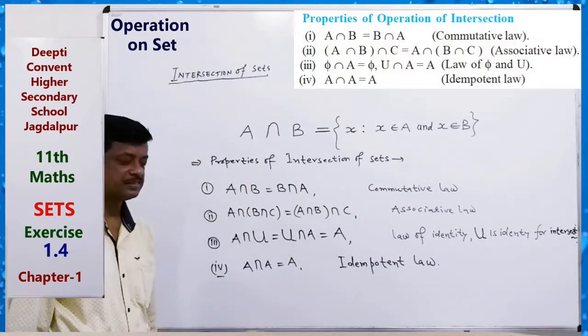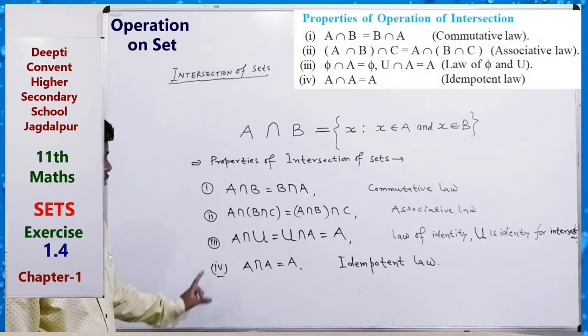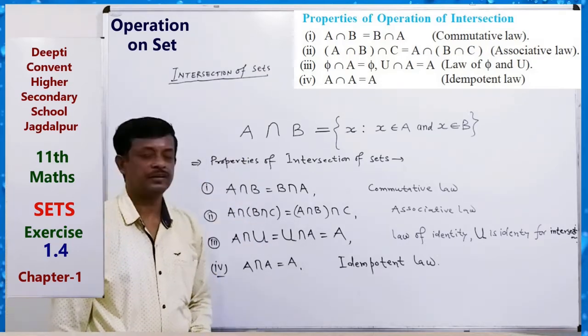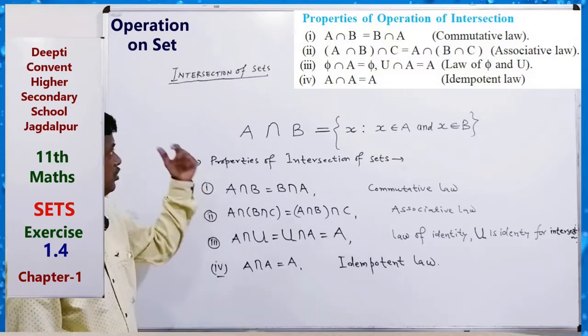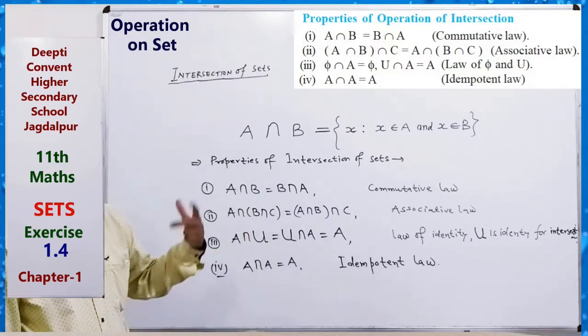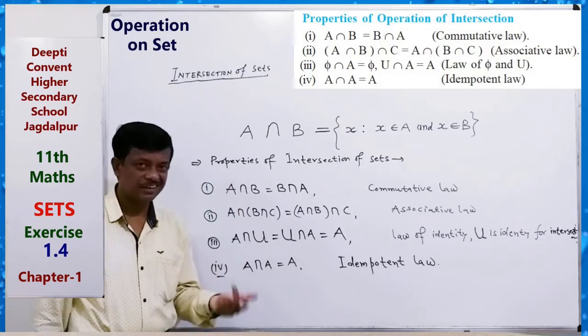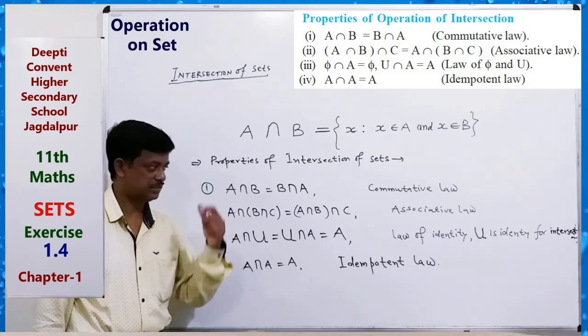So there are two operations, union and intersection. These are the properties for the intersection of two sets.